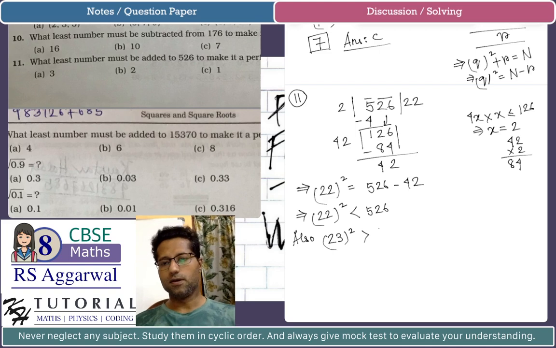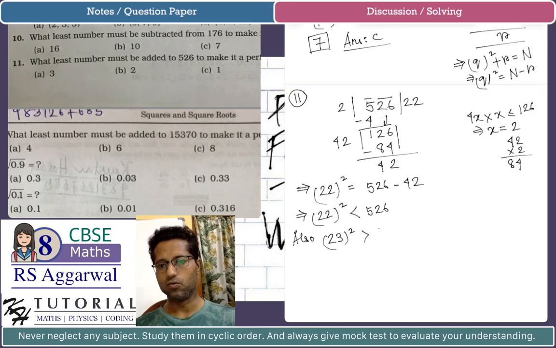And also, what does this long division say? The quotient is 22 and the remainder is 42.